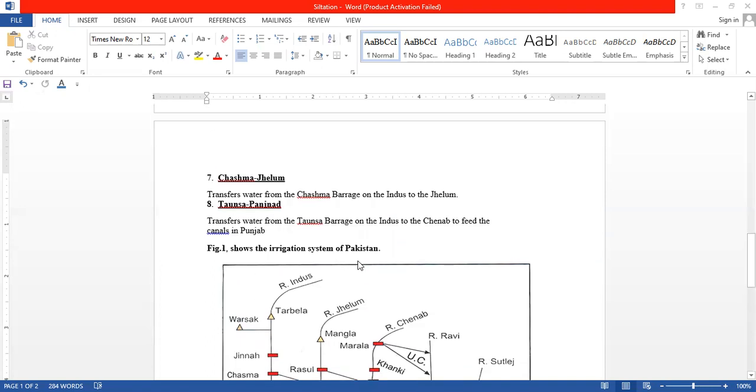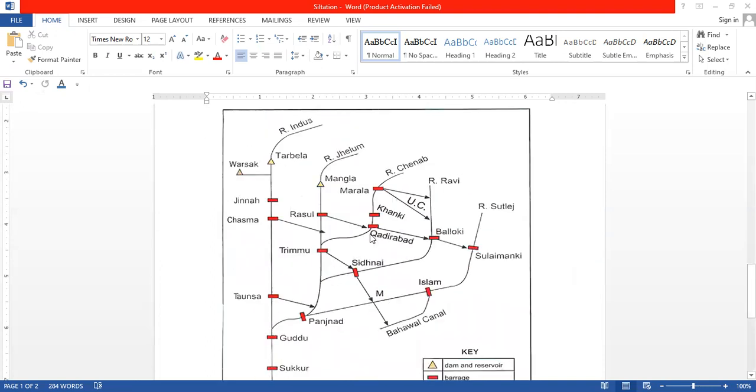Now the next ones: Rasul Kadirabad, Kadirabad Balloki, Balloki Suleimanki, Trimmu Sidhnai, Sidhnai Mailsi or Bahawal link canal, as well as the Chashma Jhelum link canal. Actually, my dear students, these canals are according to the purpose.